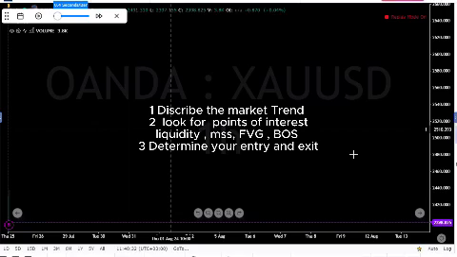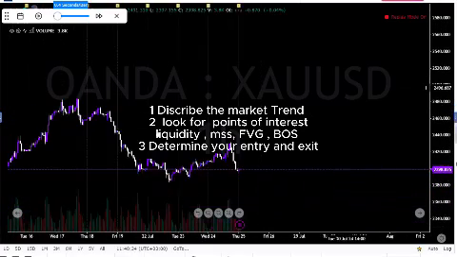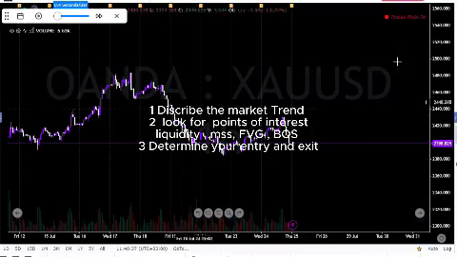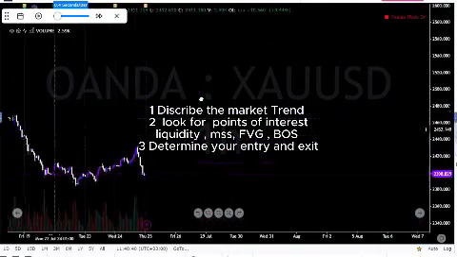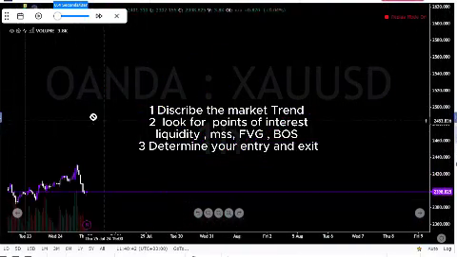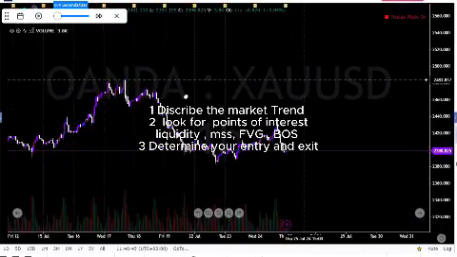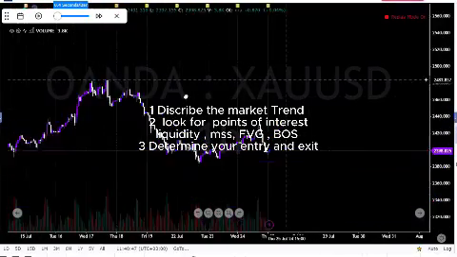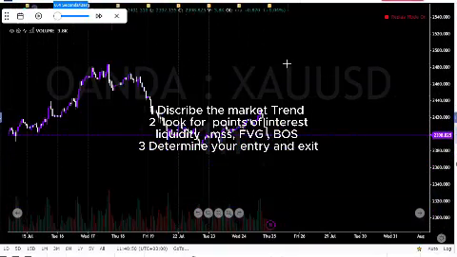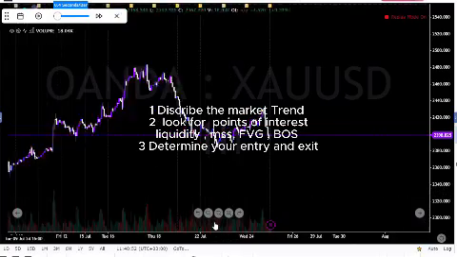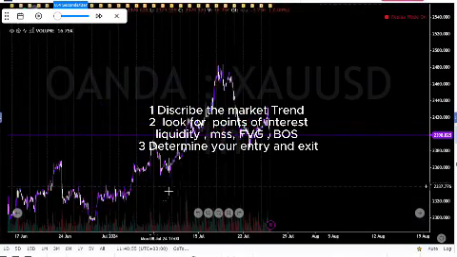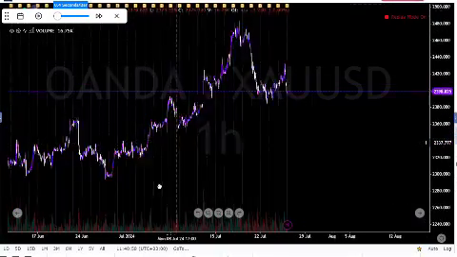We look for points of interest like liquidity, market structure, fair value gaps, and then we determine our entries and exits. So it's very good to trade with the market. Don't trade against the market.